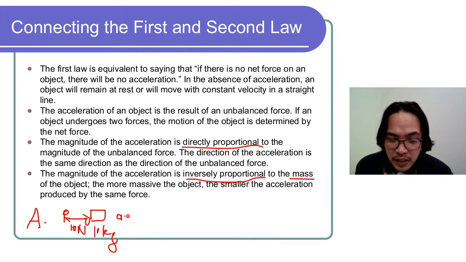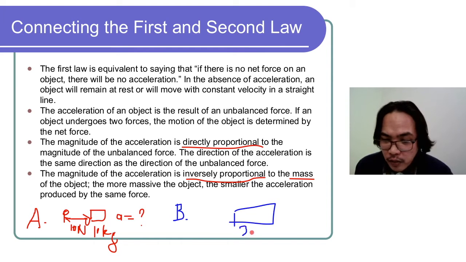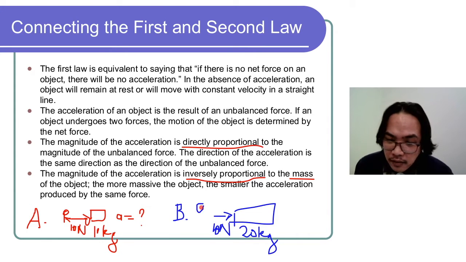Will the acceleration be higher or lower compared to your letter B? In your letter B scenario, you also have a box, but this one is bigger. So it's heavier, 20 kilograms. And then you have 10 Newtons of force.